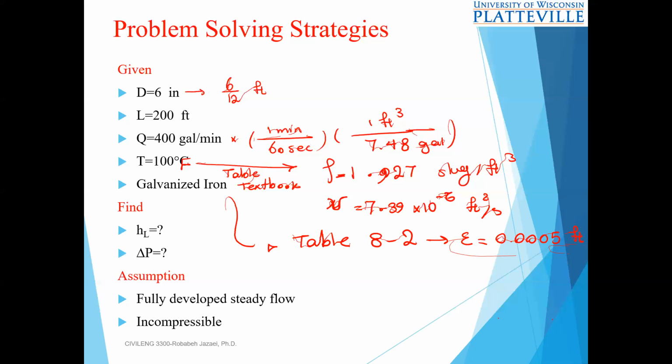Now we're going to find head loss. For head loss, if you remember, the equation depends on friction factor and also velocity. So it's good to find the velocity. Since I have the flow rate Q, I can find velocity from the continuity equation, right?